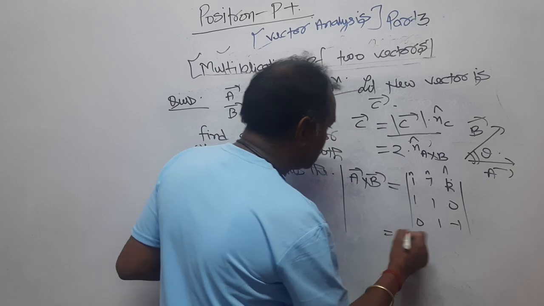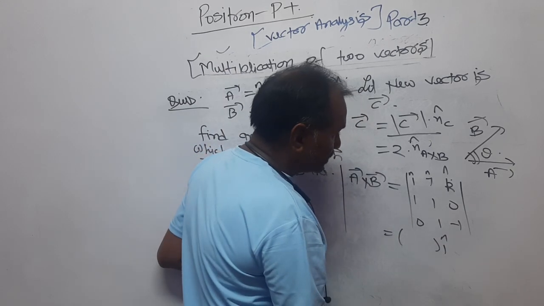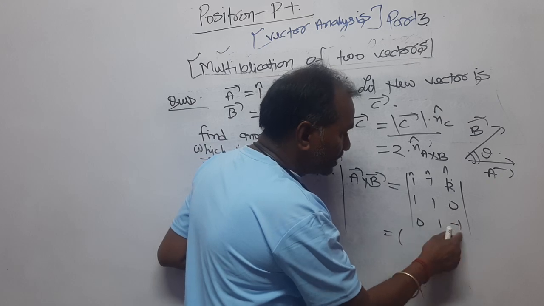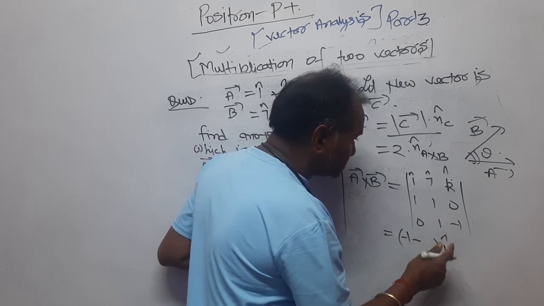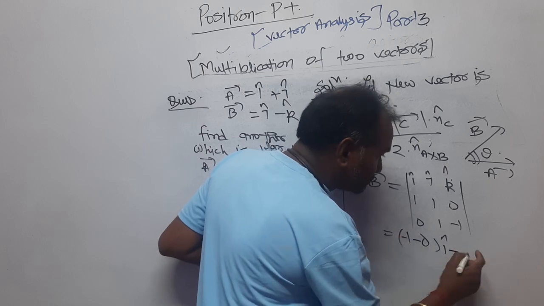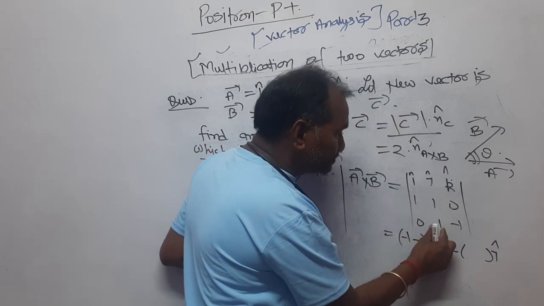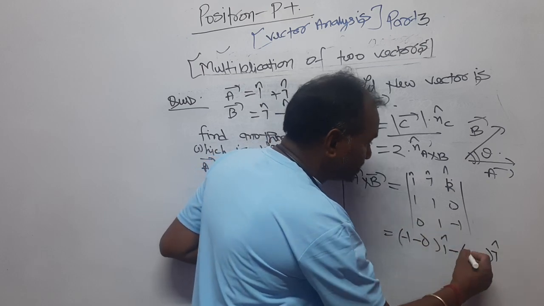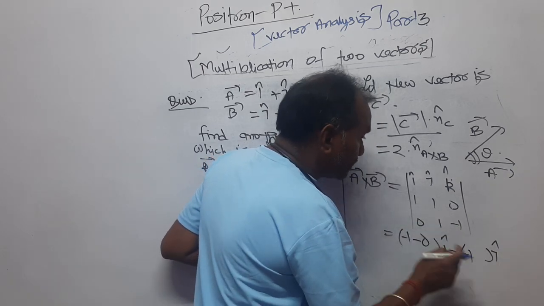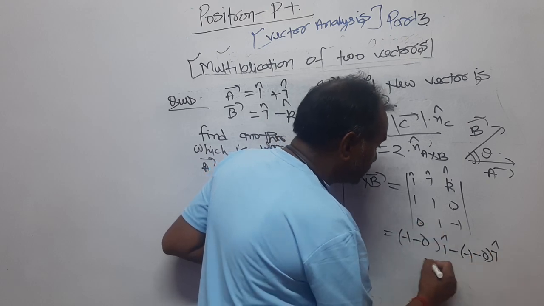Now solve it. For i cap: drop this row and column, 1 into minus 1 is minus 1, minus 0 into 1 is 0. Then, with a minus sign, for j cap: 1 multiplied by minus 1 is minus 1, minus 0 multiplied by 0 is 0.